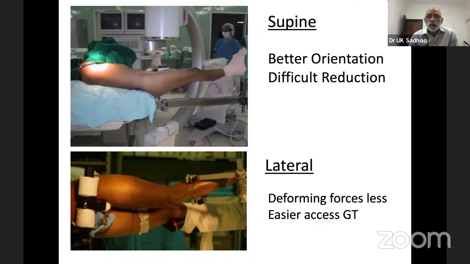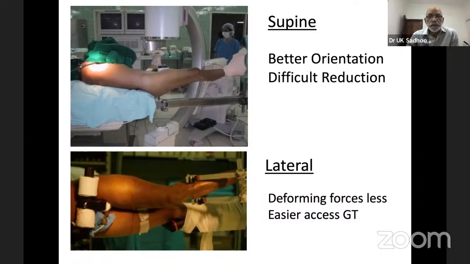The disadvantage is that getting to the lesser trochanter may not be as easy as in semi or complete lateral position. The lateral position also reduces the so-called deforming forces, and you have much easier access to the entry point. So both positions have their own advantages and disadvantages.